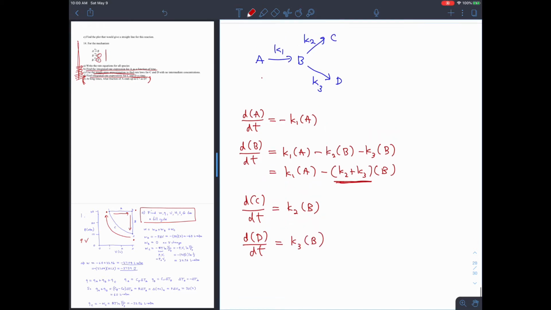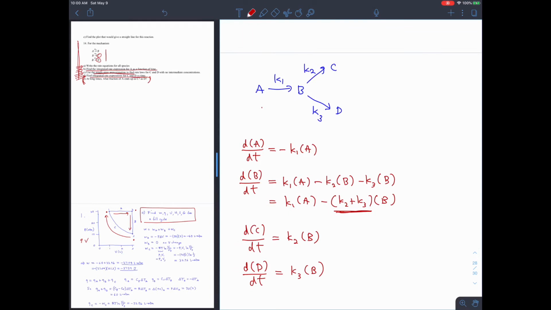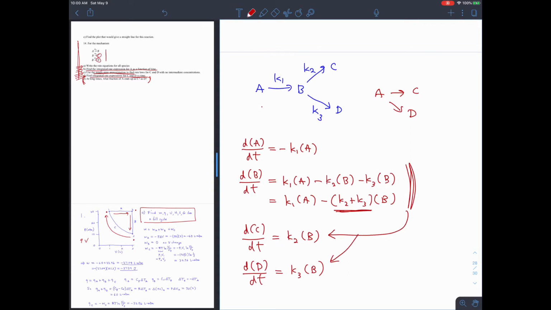B is an intermediate here. The overall reaction is A goes to C or A goes to D. And so when we do the steady state approximation, we're going to set this rate equal to 0, and that will allow us to eliminate these intermediate concentrations in the rate laws for C and D. So that's the overall plan, but the first thing the problem asks us to do is solve for how A varies with time.